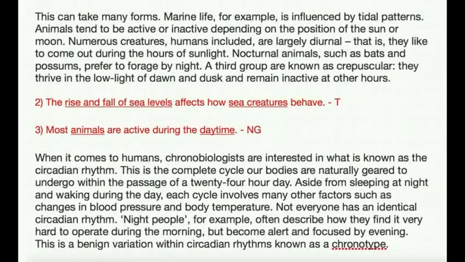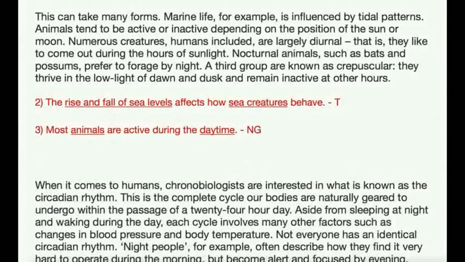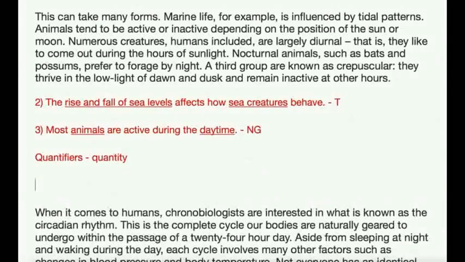So that question 3 highlights another tip to be aware of in these IELTS reading true, false, not given questions, and that is to think about quantifiers. Quantifiers are things in English that are used to talk about quantity. So you have things like most, some, all.